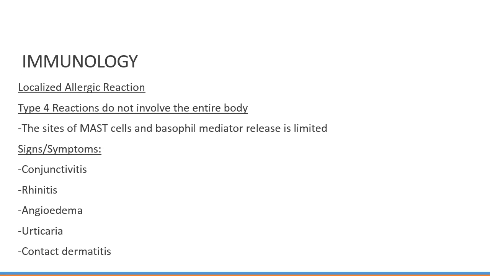Serum sickness is the classic historic type 3 hypersensitivity disorder. It's been seen when foreign serum is injected, and if it's cleared slowly, it's bound with antibodies to form immune complexes. Now, this is more often seen with certain drugs like penicillin, because foreign serum is rarely used in modern medicine.